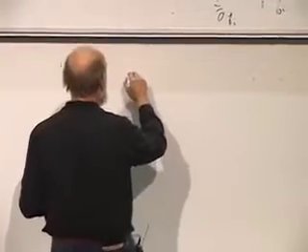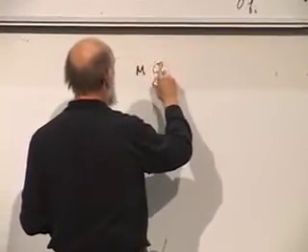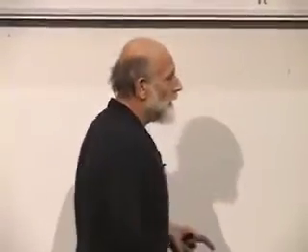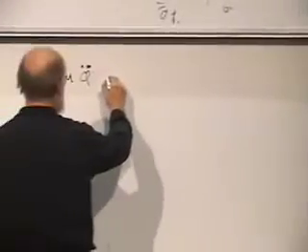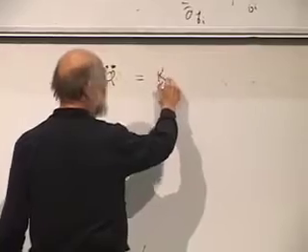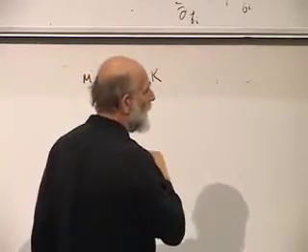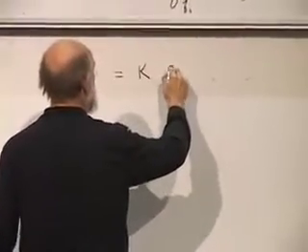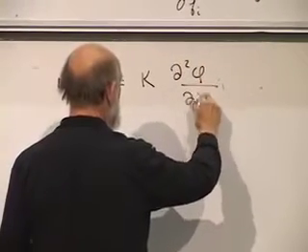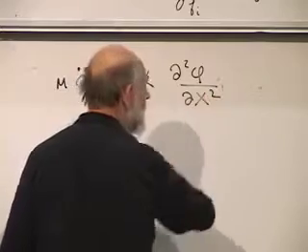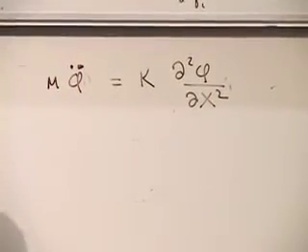Then we would have gotten the equation mu phi double dot, coming from this term, is equal to kappa times the second derivative of phi with respect to x squared. The epsilons would still cancel.